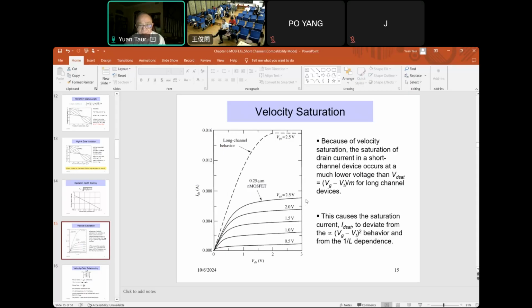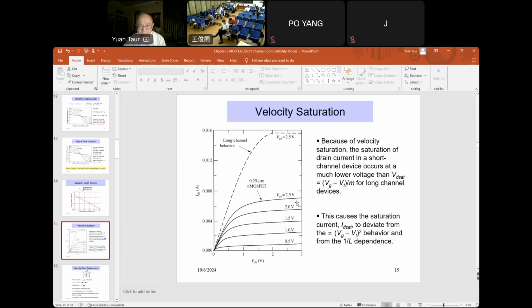Okay, so first of all, the ID set is much less than the long channel value. Secondly, the saturation voltage is much lower. In the long channel case, it's almost 2 volts. In short channel, it's only slightly over 1 volt.